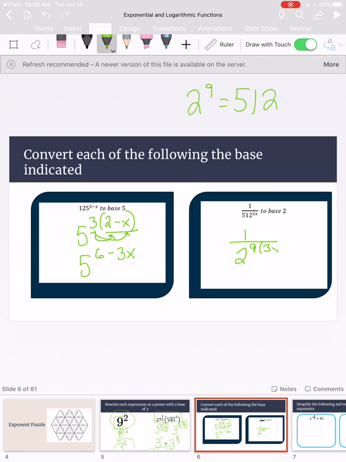There we go. So I replaced the 512 with 2 to the exponent of 9. Now I can just multiply those exponents. So 9 times 3x is 27x. Okay, and you could leave it like that. You should realize it's the same as if I were to write this. Right, those would be the exact same thing.